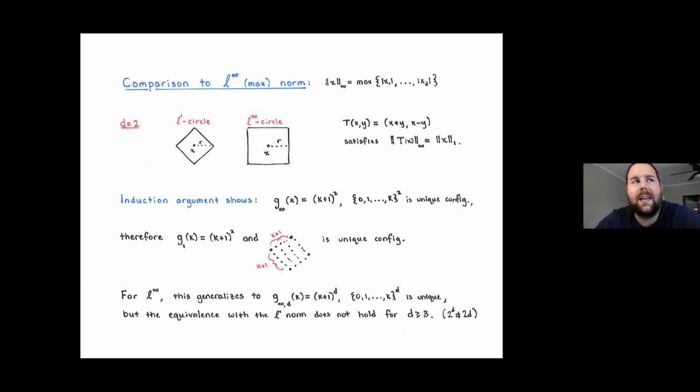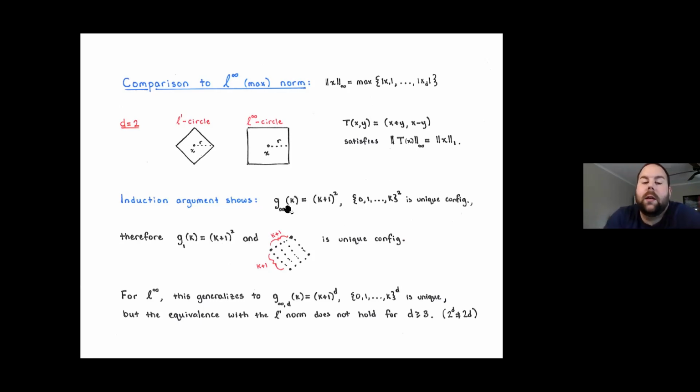So anything that you prove in the context of one of these Erdős type problems in the L infinity norm in 2 dimensions, you automatically get it for free also in the L1 norm.